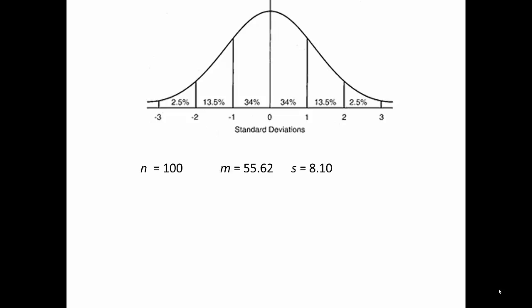I have all the time and all the resources in the world, so I'm going to put those 100 scores back into the population and draw a second sample of 100 scores. It is very unlikely that I'm going to draw the second time exactly the same combination of 100 scores. Some of them may be the same as the first 100 scores I drew, but not likely all of them.